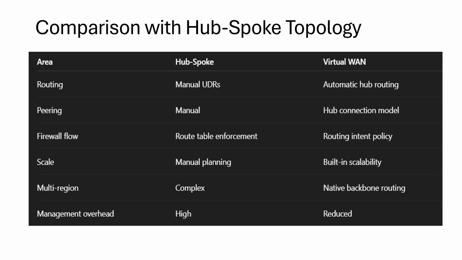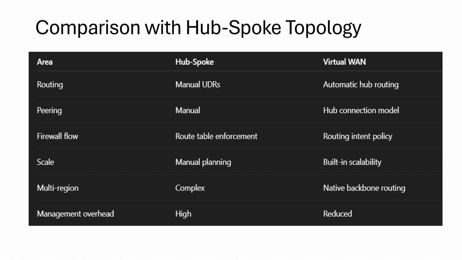Virtual WAN, on the other hand, changes this model. Instead of building and managing all routing ourselves, we attach networks to a managed hub. Azure automatically propagates routes, handles connectivity, and supports global scale. A simple way to think about it is this.